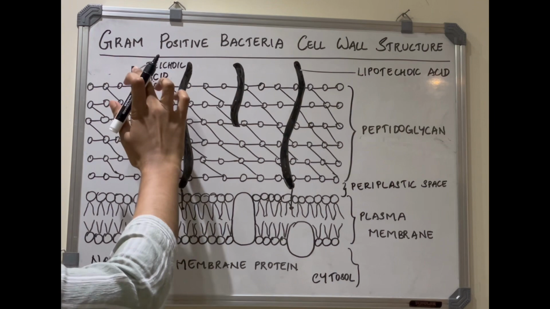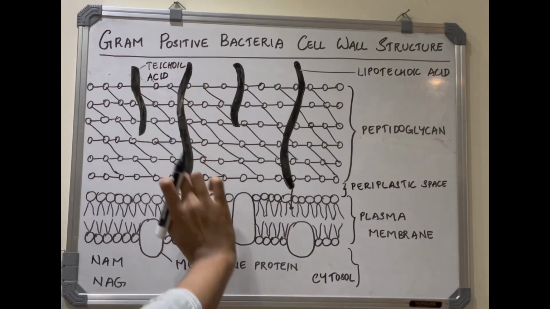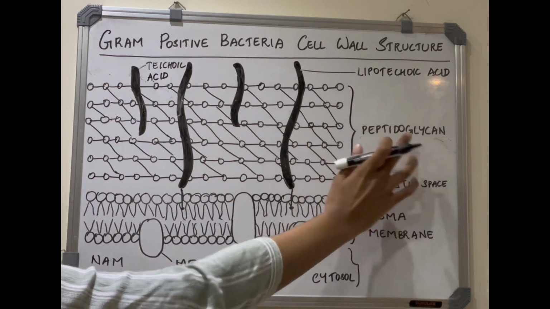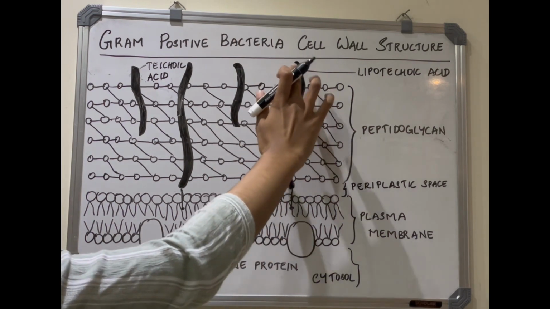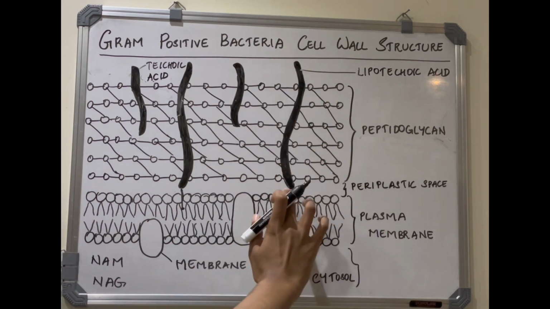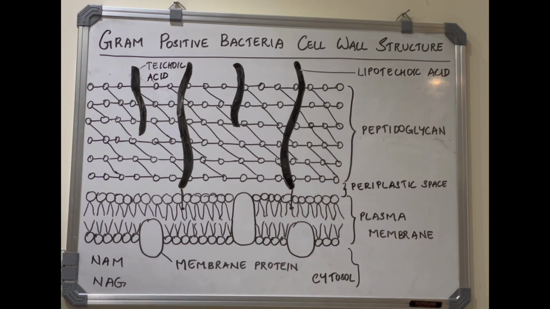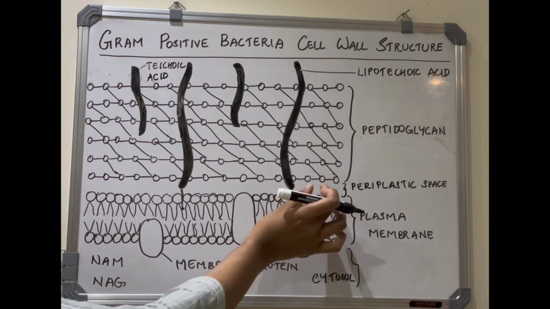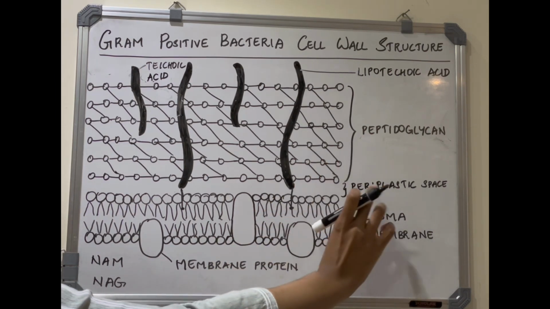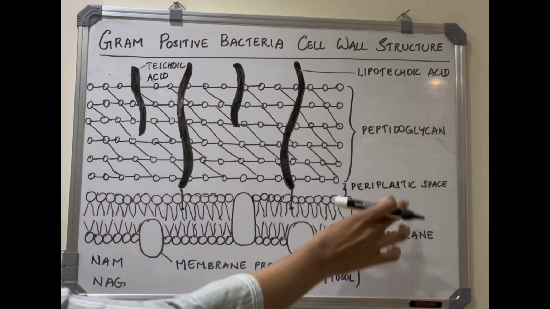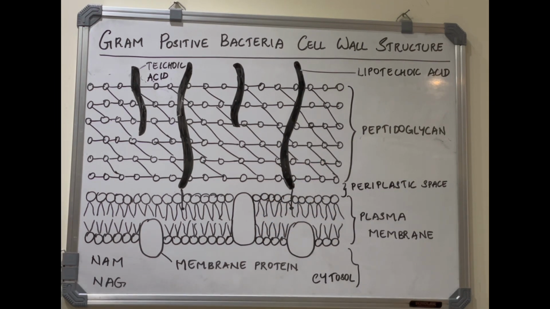You can see here the wall teichoic acid linked to the peptidoglycan layer, and the lipoteichoic acid linked to the membrane glycolipids. This is the periplasmic space, the region between the peptidoglycan and the plasma membrane. And this is the plasma membrane, the membrane proteins and the cytosol region.